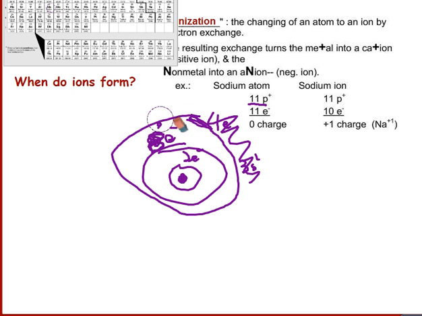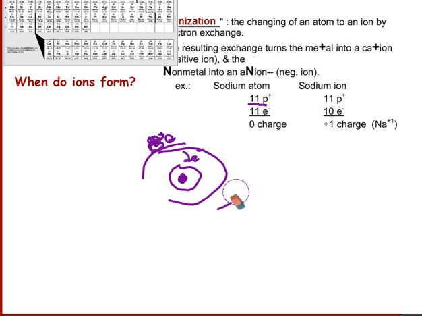This outer electron disappears, giving us our nucleus with the 2 and the 8 electrons around it.